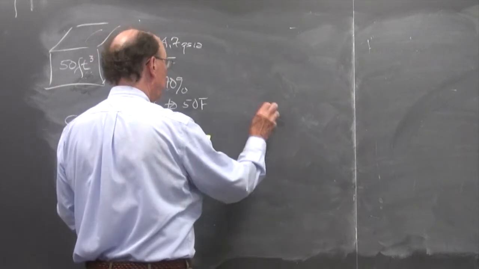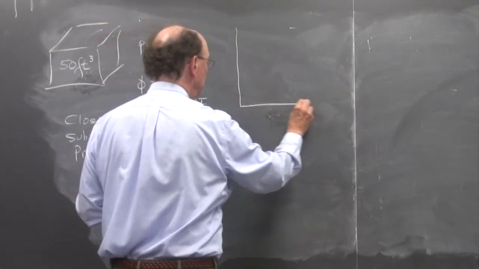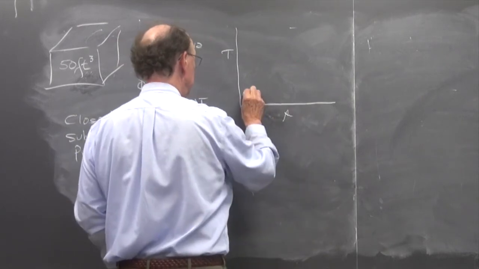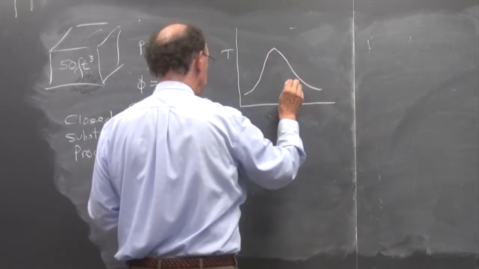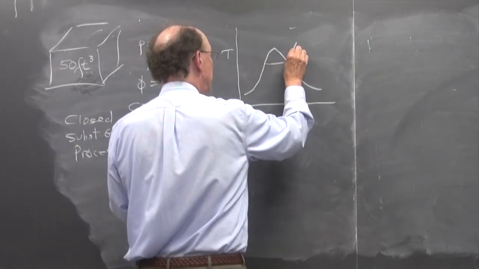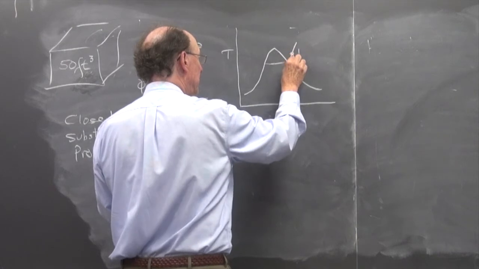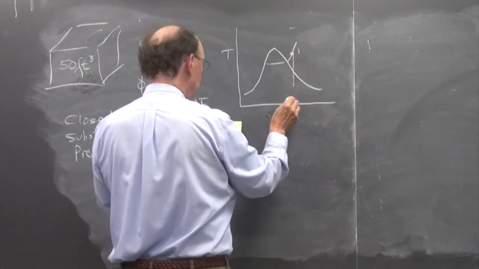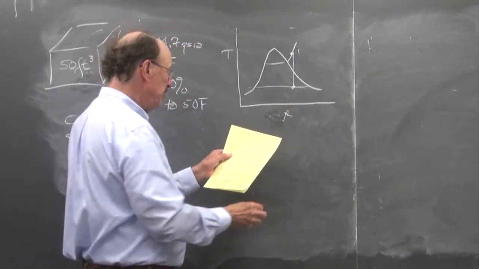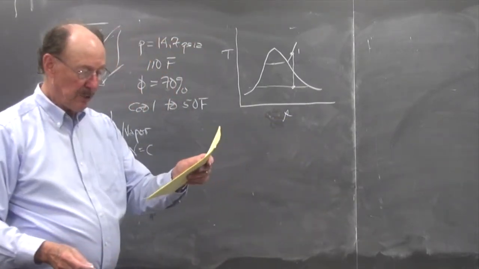When I look at this problem on a TS diagram, I'm starting at state 1, and I'm going to go down to state 2. So what's going to happen is I'll have condensation occurring here.